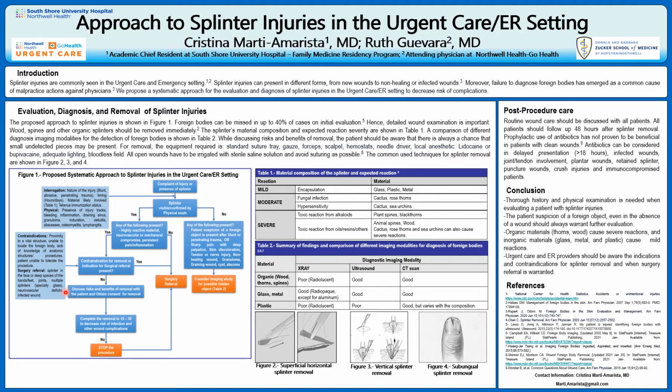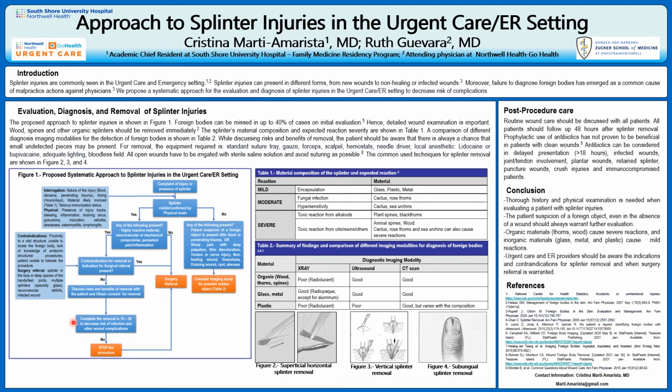One is to make the patient aware of the importance of follow-up, and also to make the patient aware that if any signs and symptoms appear later, they need to be evaluated because it may indicate that a foreign body was left behind.